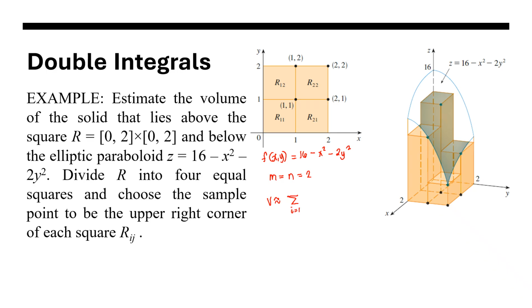i is equal to 1 to 2 times the summation of j is equal to 1 to 2 of f of x sub i, y sub j, delta A. Since you have the function here, we can now substitute the points.